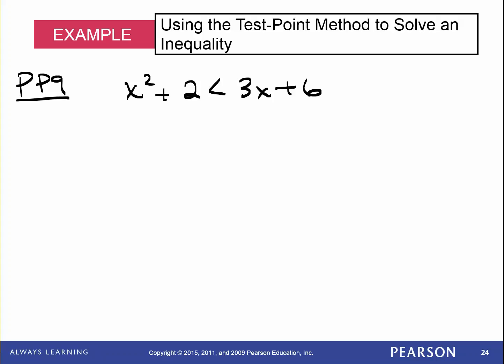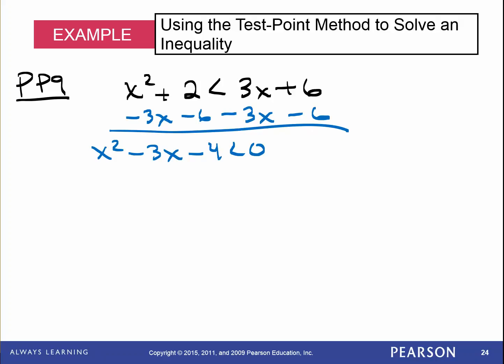Figure out where our zeros are and do test points, something we do for polynomials later on. So first of all, let's do this here. Let's move everything over. And there's no way to tell this right here, as we'll see with polynomials here.